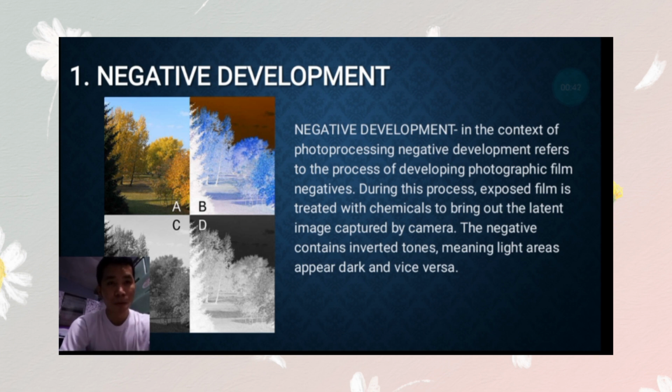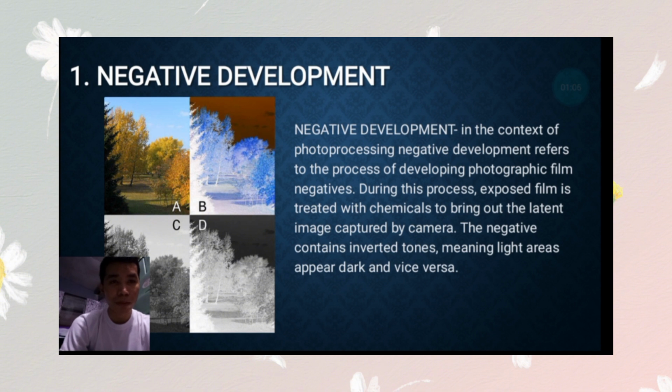Ang isa ka negative film or ang negative photo, muna siya ang isa ka picture na wala pa kayo siya color, kaya wala pa siya na-develop. Ang negative, gingon diri, mao na siya ang isa ka picture na with inverted tones, meaning na ang light area mag-appear siya og dark, and then ang dark area mag-appear siya og light.